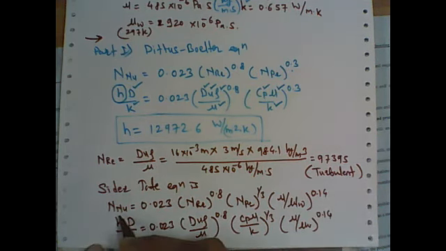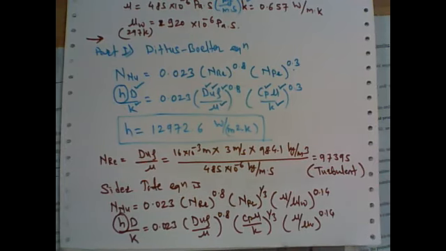So we have all the parameters except h. We have the data of diameter, thermal conductivity, velocity, density, viscosity, specific heat, and mu and mu W also. So we can put all these values in this equation and calculate the value of h.